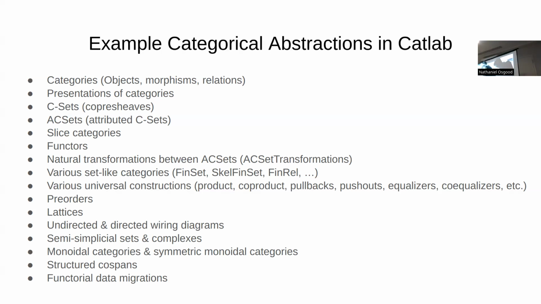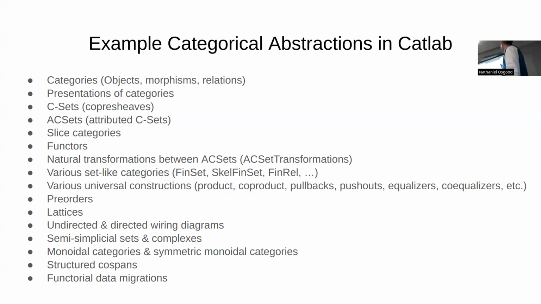A topos is a nice place to do logic and to do math essentially with certain ranges of structures. All C-sets, for a given category C, are associated with a topos, and therefore we can take products and coproducts and pullbacks and pushouts and various types of limits and colimits.